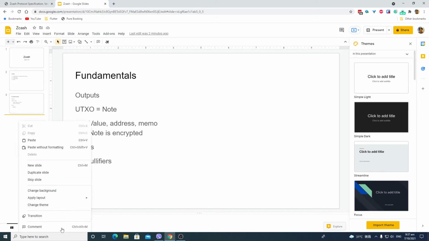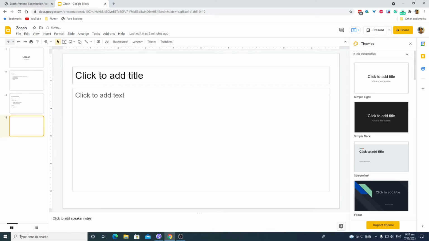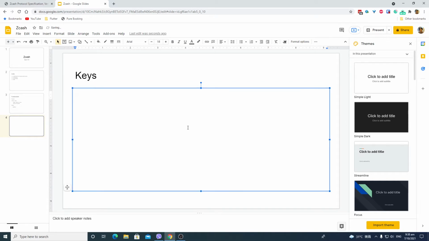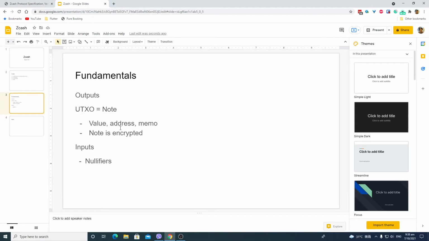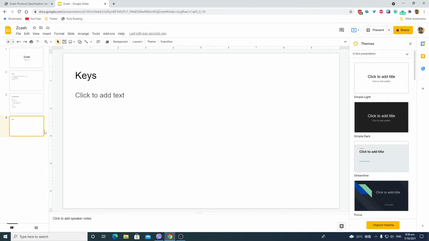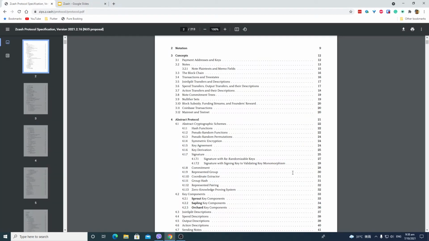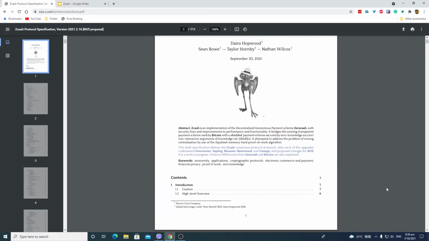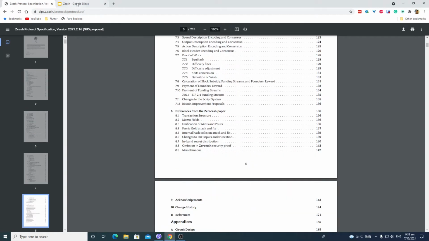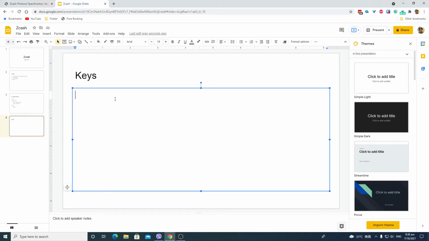The next thing to talk about is the keys, and how they are used to decrypt the node and to produce the nullifiers. There's a pretty complex relationship between keys, but most people reason in terms of a seed.